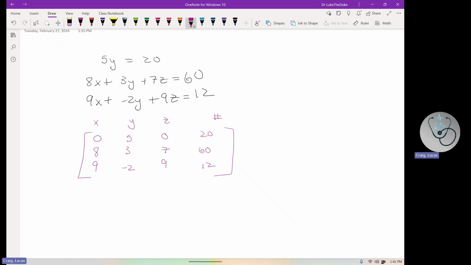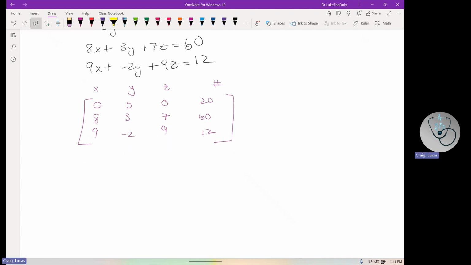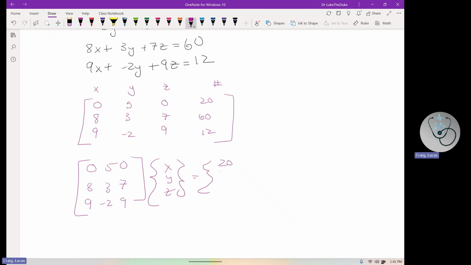Okay. We could also write this where we have 0, 5, 0, 8, 3, 7, 9, negative 2, 9 times X, Y, Z equals 20, 60, 12.